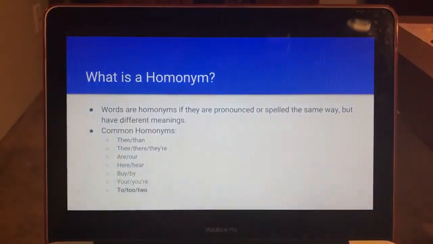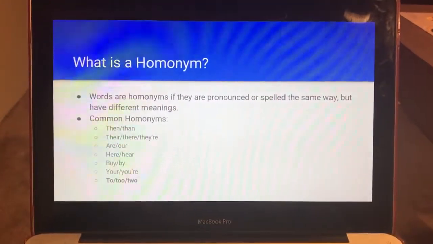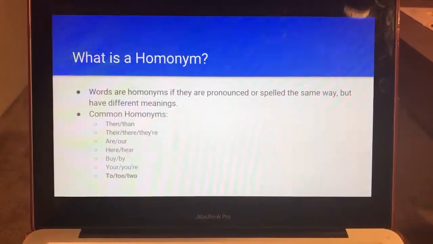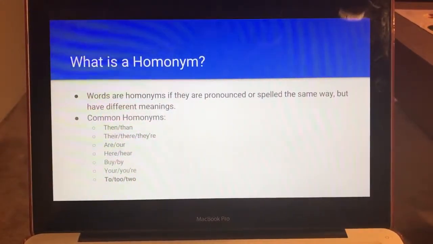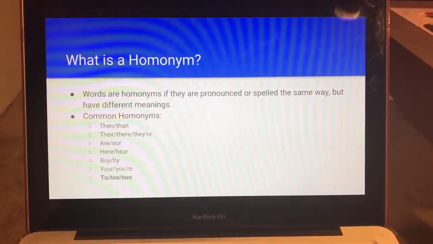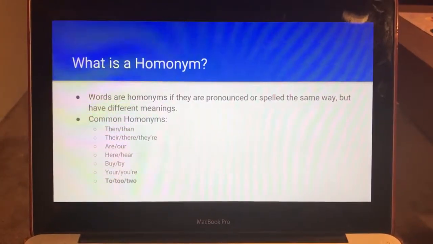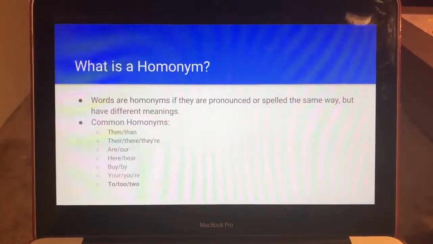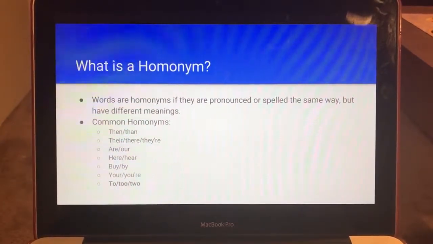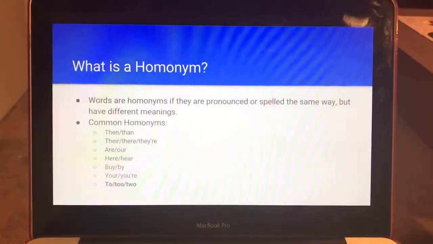Here we go. A homonym is a word, or words, that are pronounced or spelled the exact same way, but they might have different meanings. Now, you probably know of several homonyms without even maybe realizing it.